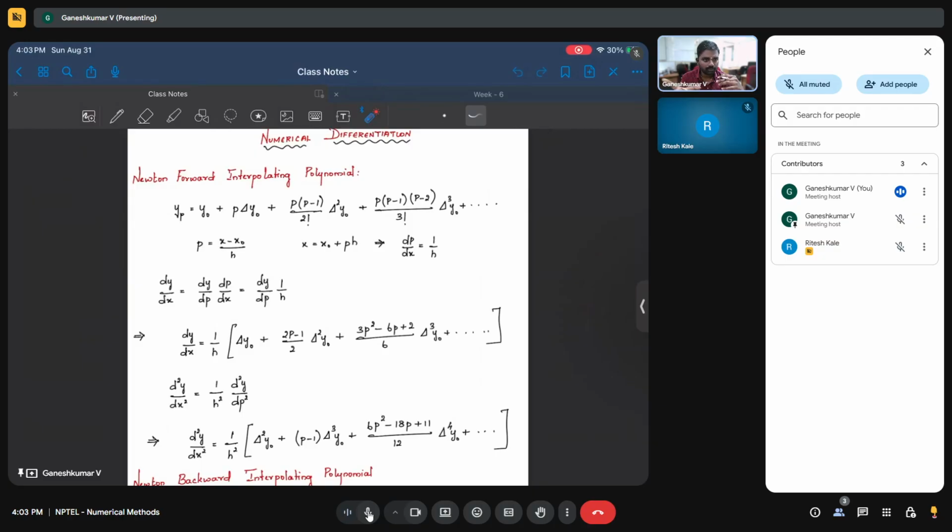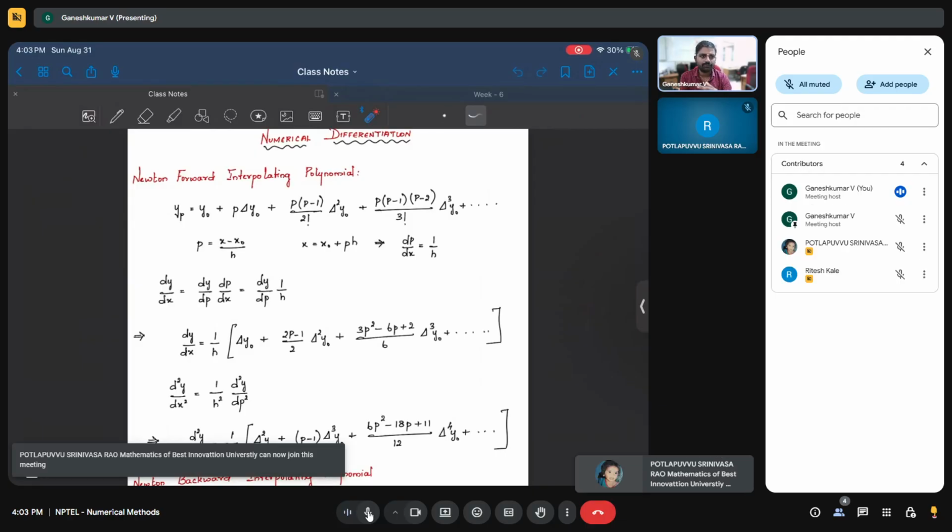One is Newton's forward interpolating polynomial. Once you construct that polynomial, you can differentiate it and get the derivative of that function at any point within the range. That is the main idea behind this. So we use all the interpolating formulas that we studied here.